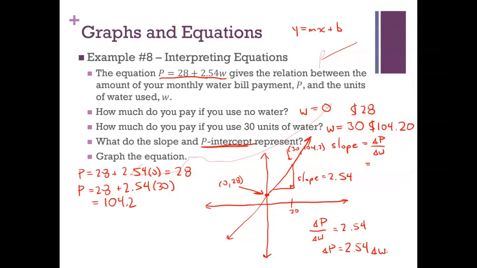So how much does 1 unit of water cost under this system? If I buy a single unit of water, what's my charge? 30.54, how'd you get that? Right, so 1 W becomes 1.